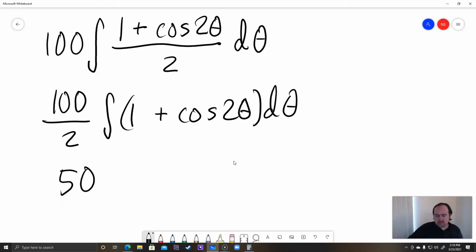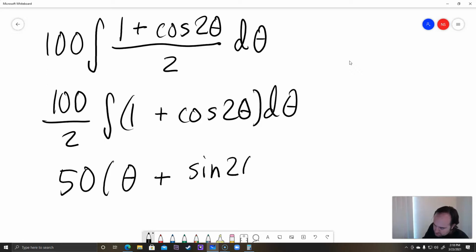And then what's the integral of 1 d theta? The integral of d theta is just theta. So we have 50 times theta. And then what's the integral of cosine of 2 theta? Well, the antiderivative of cosine is positive sine because the derivative of positive sine is cosine. So here we're going to have positive sine of 2 theta.